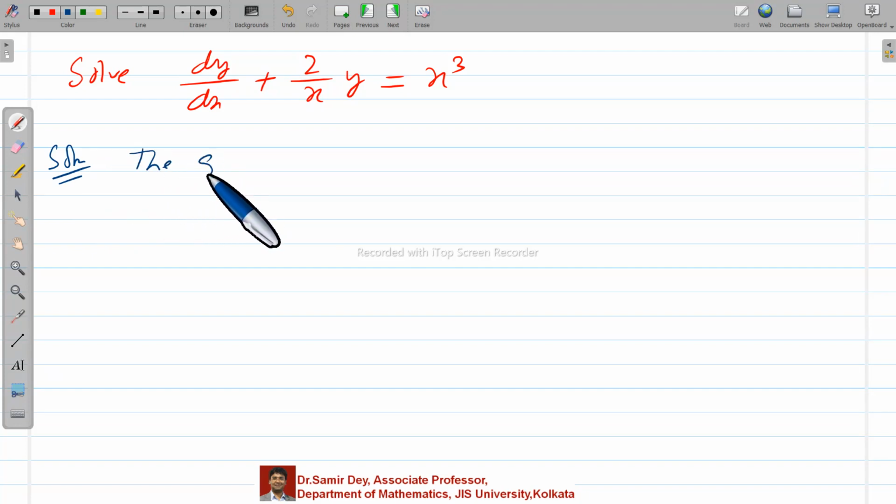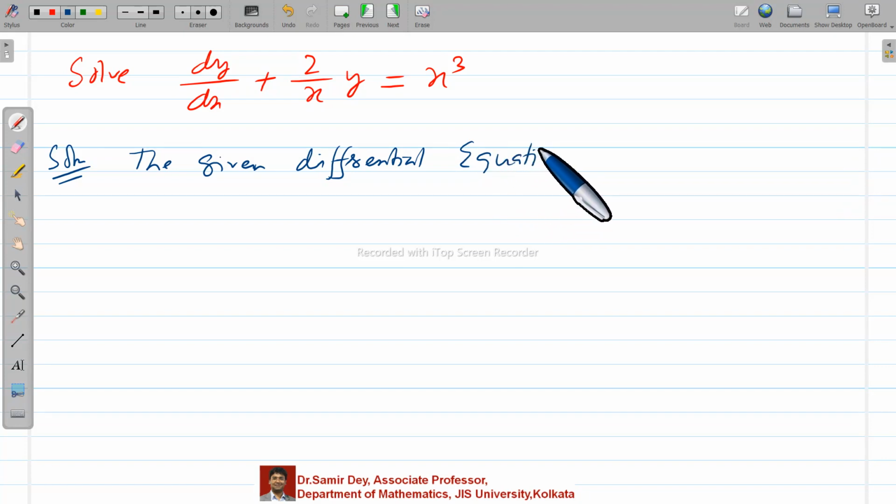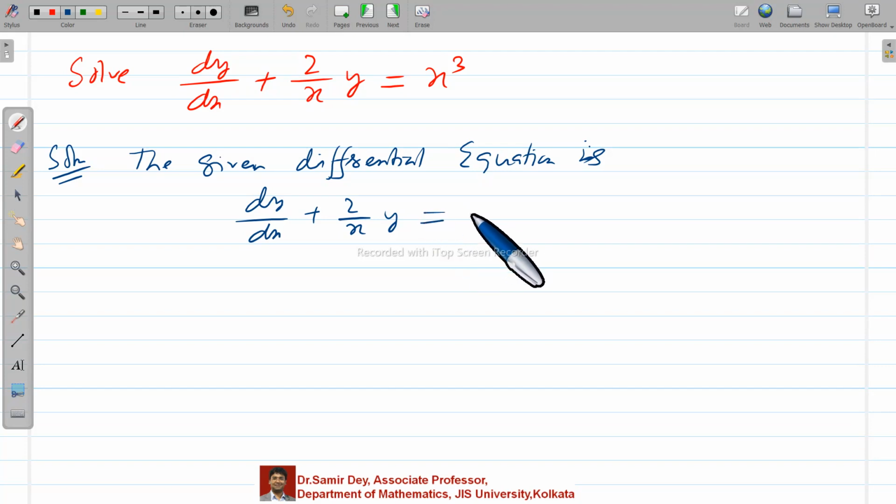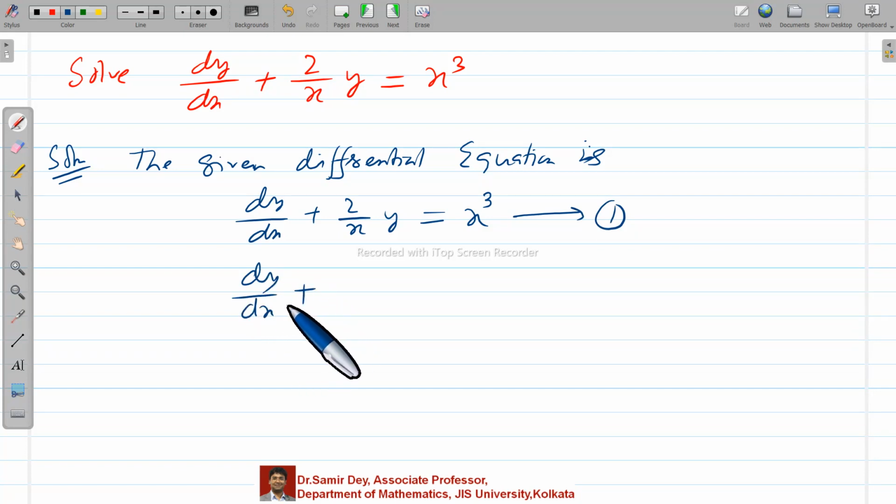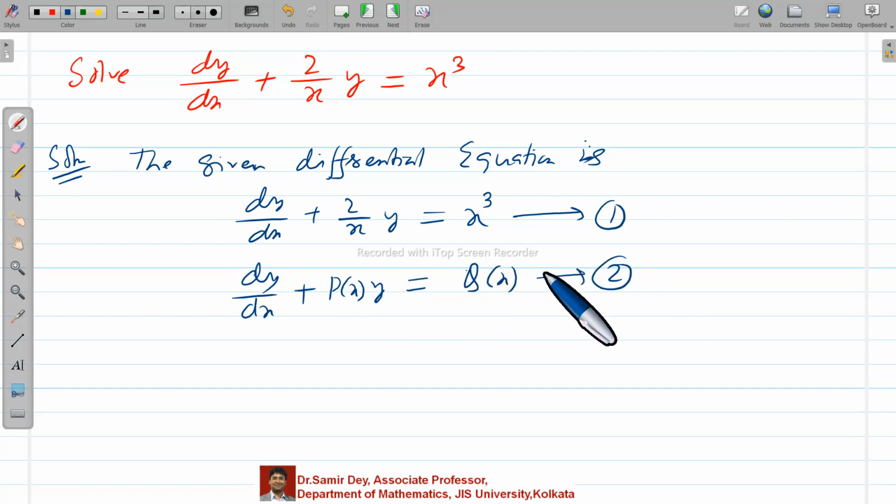The given differential equation is, write down: dy/dx + 2x y = x^3. This is number 1. Now write down the general form: dy/dx + P(x)y = Q(x). This is number 2.